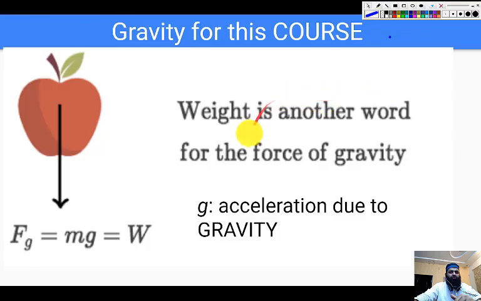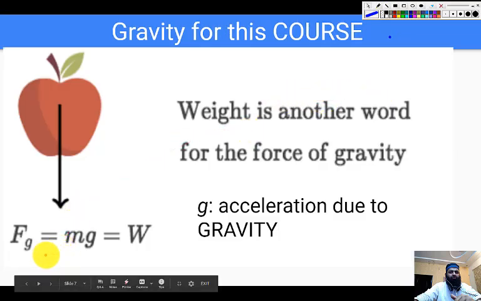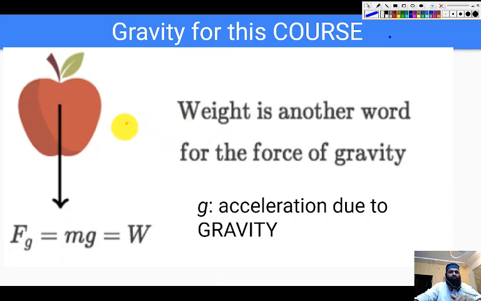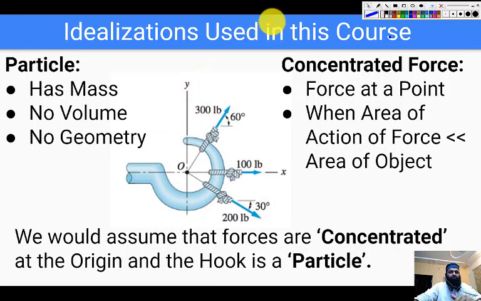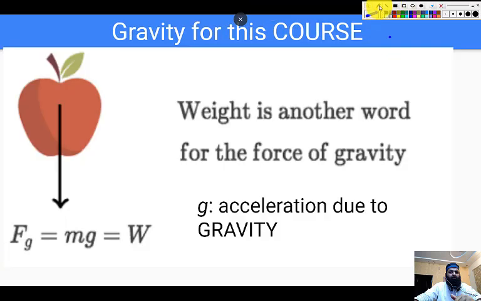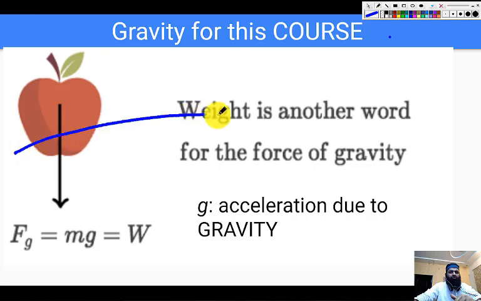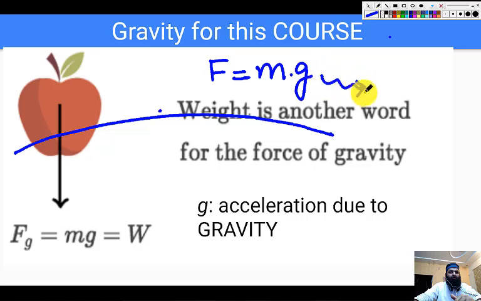But for the most part of this course, when we say force of gravity, we would basically mean something like this. When we are on the surface of the earth, and we are very, very close to the surface of the earth, we can basically show that the force of gravity is m times g, where g is the acceleration due to gravity, and we usually refer to it as g.